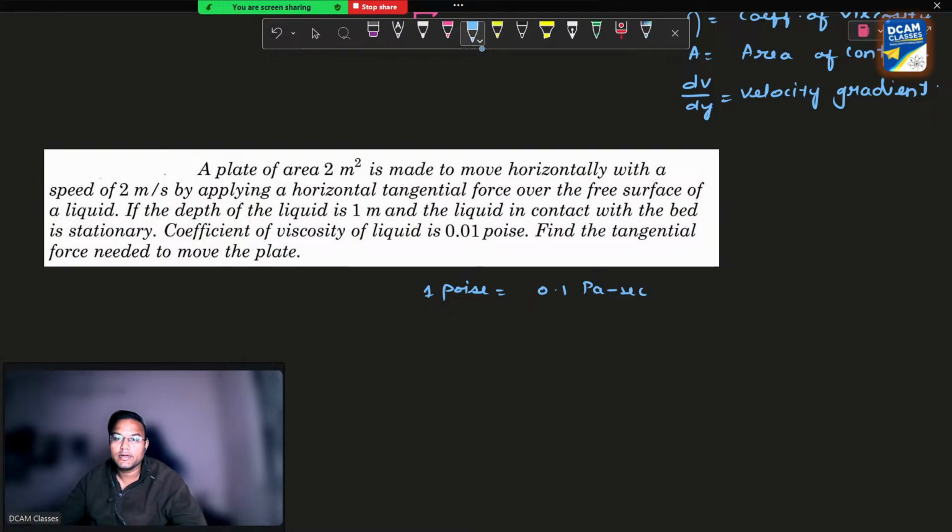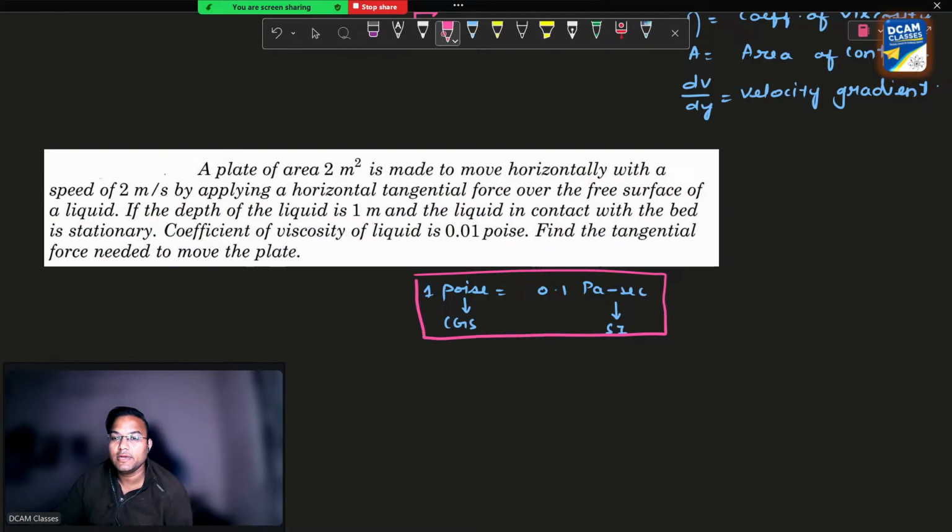This poise is a CGS unit and this is an SI unit. Then you will get the answer 0.004. Otherwise you'll get 0.04. The correct answer is 0.004 Newton.